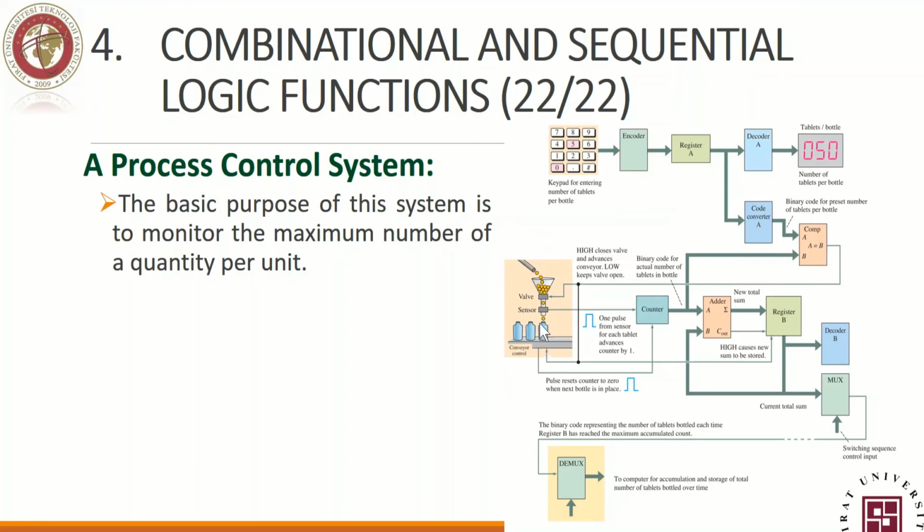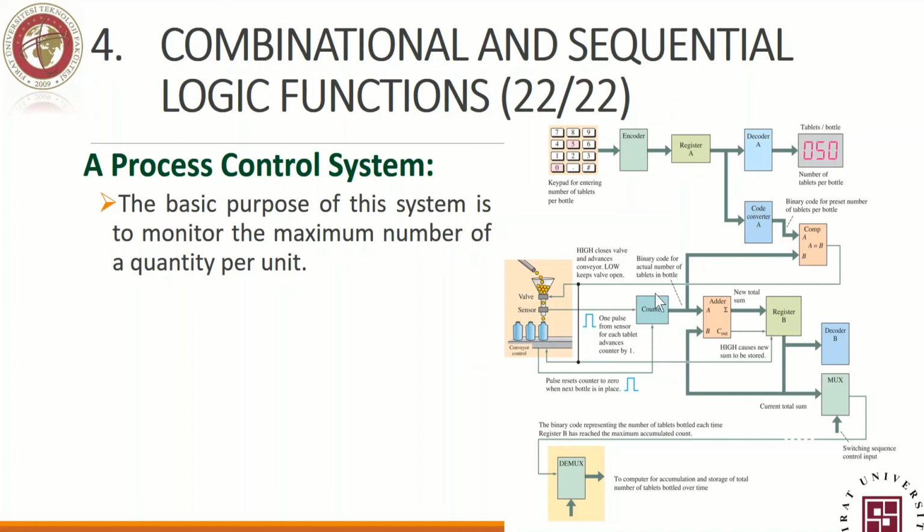Let's say we need to fill up 50 tablets of those. Let's say these are medication pills or tablets. We need to fill in these bowls, 50 of them. So we need to decode 50 from a counter. So we need a counter that counts from 1 until 50, and once it reaches 50, then we set it up to 0, count again from 0, move the bottle. Okay, so this is the idea.